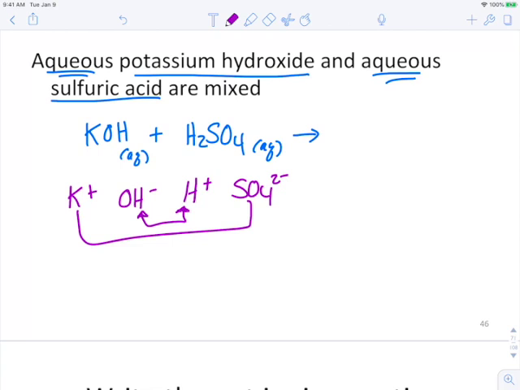A few of you said it to me privately, but there we go. K2SO4, like so. Any questions on that K2SO4? All right. So now our next one is what? What's our other product?